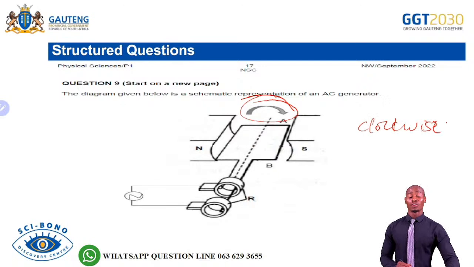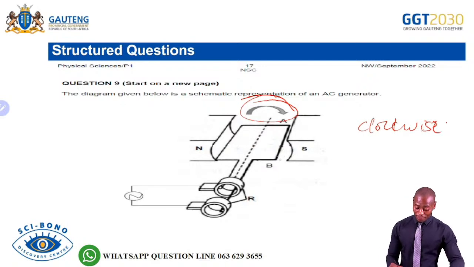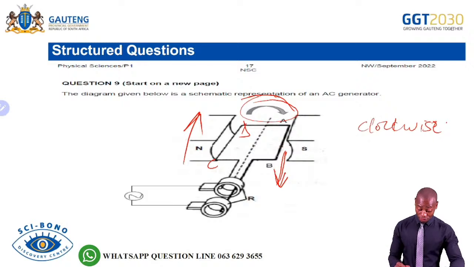If this coil rotates clockwise, this part AB will move down, and this side, let me just say it's CD, will move up. So it will be down, up, and that shows a clockwise rotation. This part of the coil will move down, and the other part of the coil will move up.